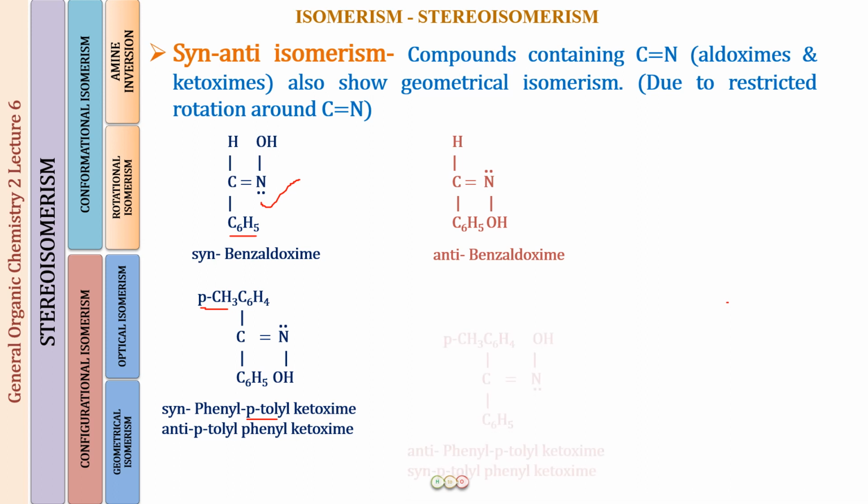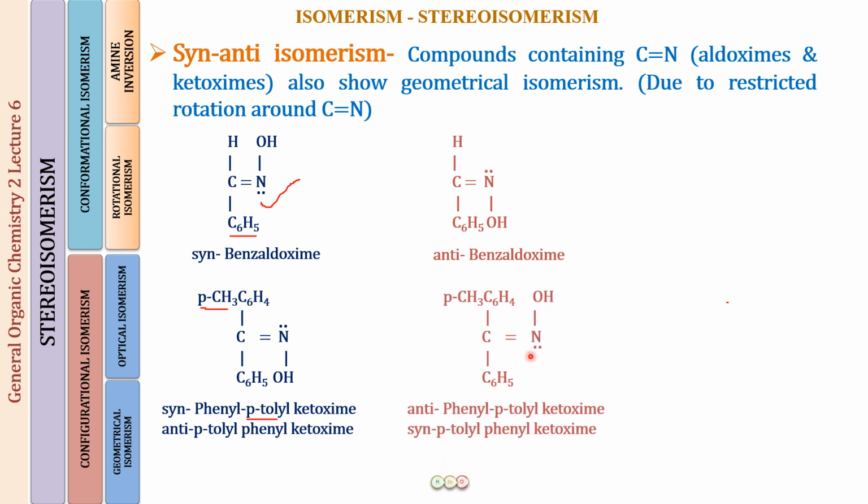And if I reverse the position of the OH group, now the OH group is on the same side as the para-toluene group. So if I want to write the para-toluene group first, I will be writing syn-para-toluene phenyl ketoxime. And if I want to write the phenyl group first, I will be writing it as anti-phenyl para-toluene ketoxime. Okay, I hope this is clear.